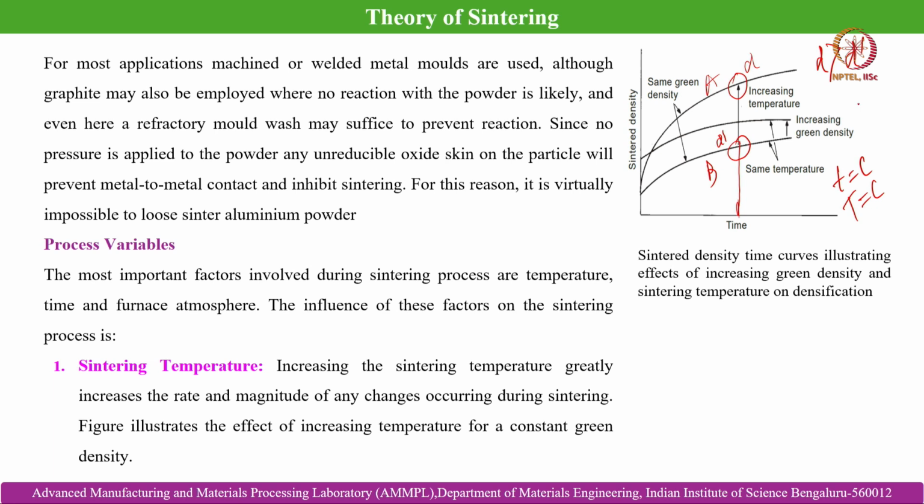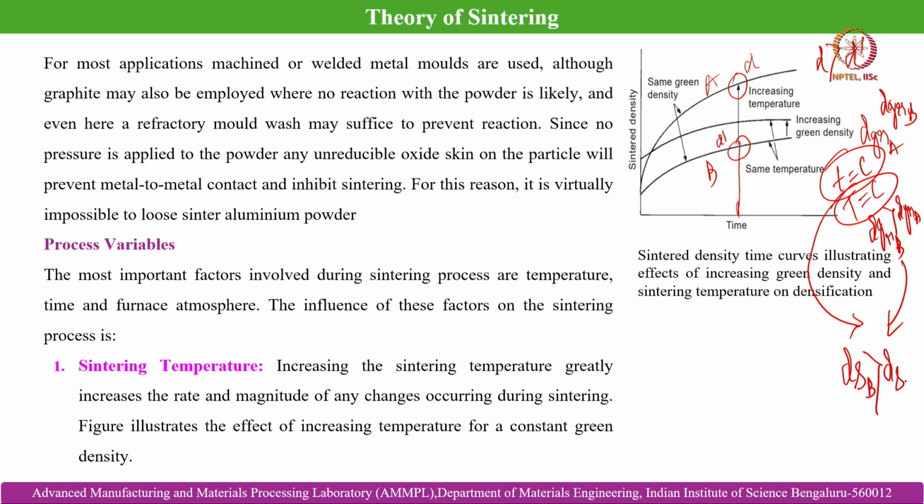We are just talking about the initial green density, dgr A for material A and dgr B for material B. If dgr B is higher than the green density of material A, dgr A, then of course for a constant sintering temperature and constant sintering time, this also carries over to the sintered density. So ds B will be higher than ds A, even when we are dealing with constant sintering time and constant sintering temperature.